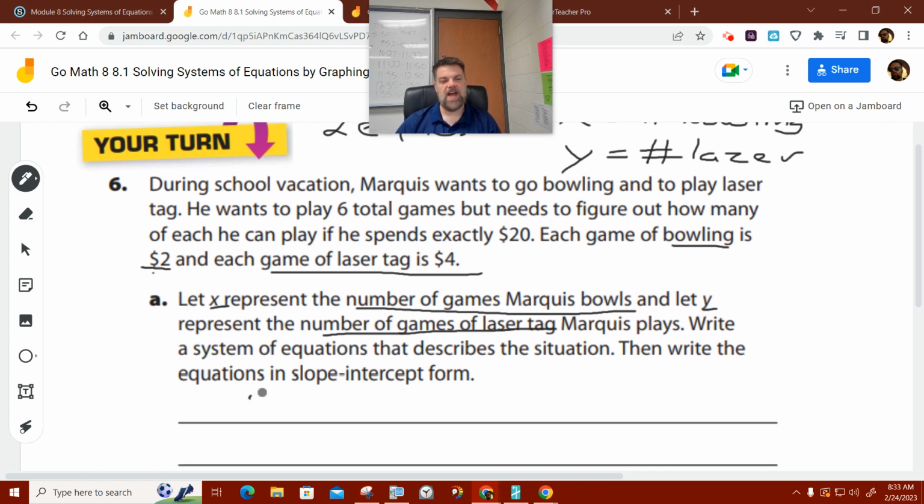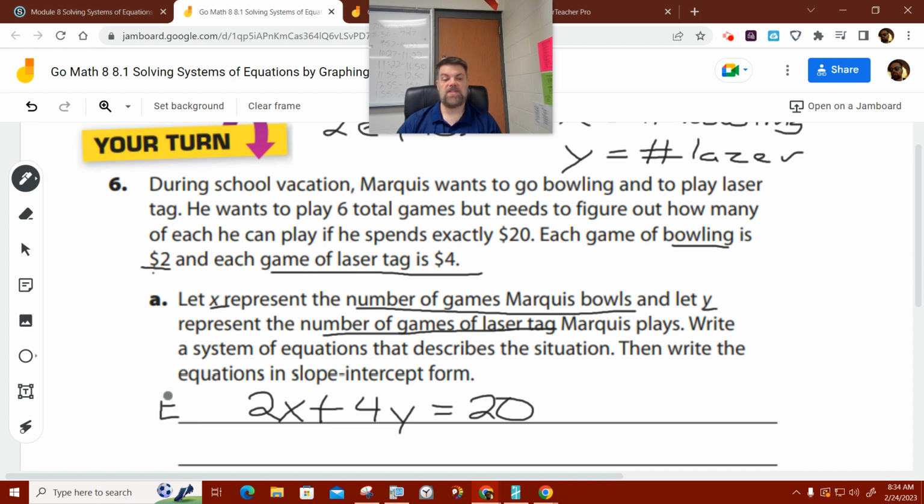Well, I know for a fact that $2 times X is going to generate how much he spends on bowling, plus $4 times Y is the number of dollars he's going to spend on laser tag, but he wants to spend exactly $20. That's our first equation.